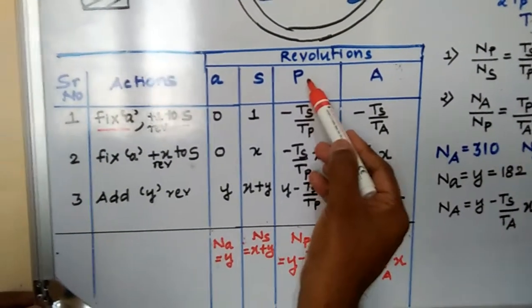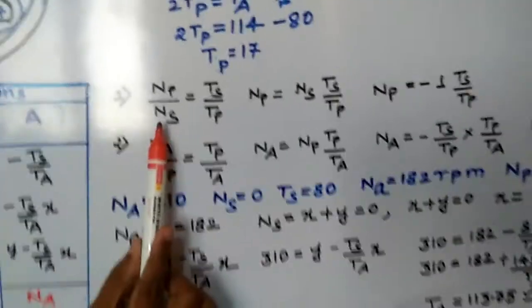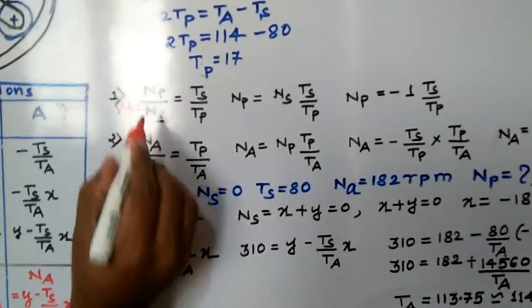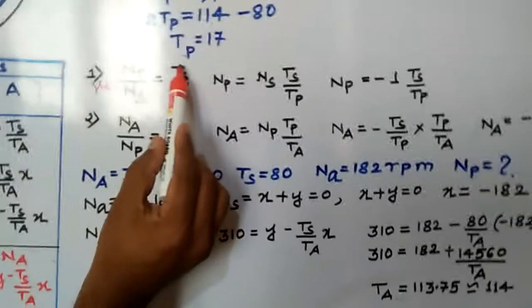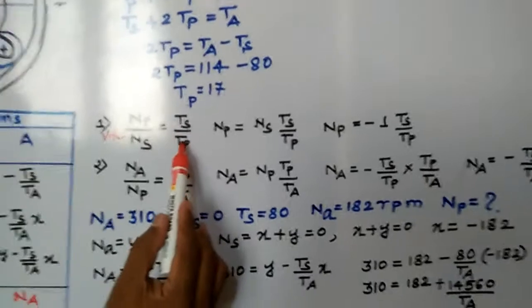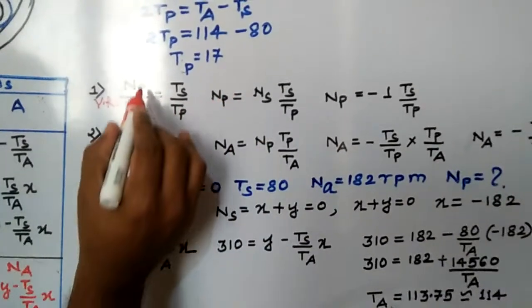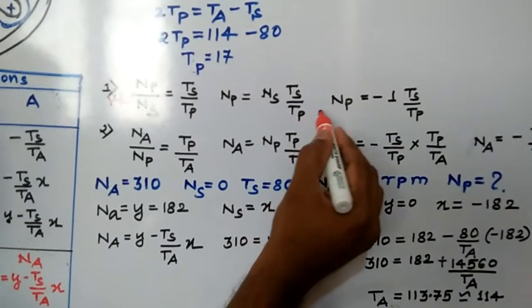We can find it using the velocity ratio method. Look at this, I have already written it here. This is the velocity ratio: np by ns equals the reciprocal of the number of teeth, that is ts by tp. Then I need it in the form np equals ns ts by tp.